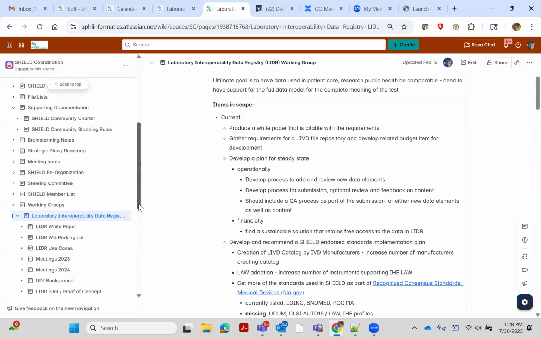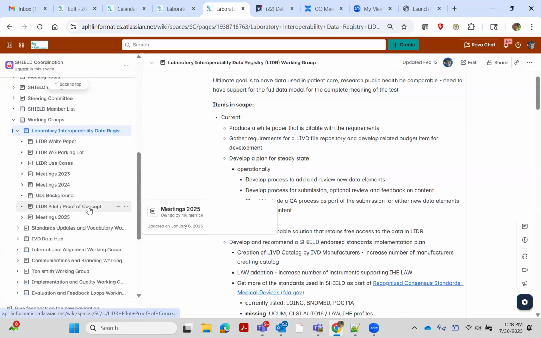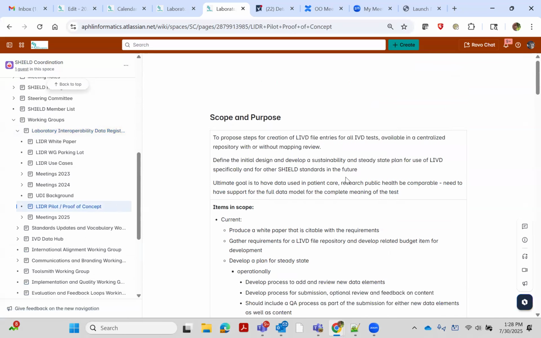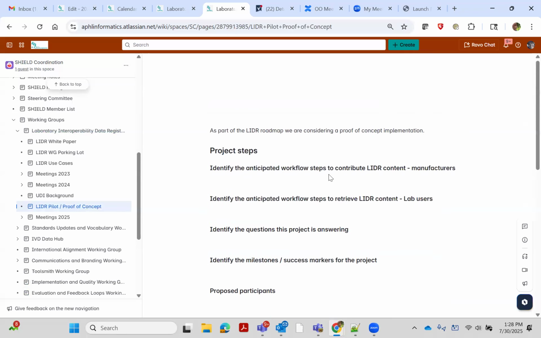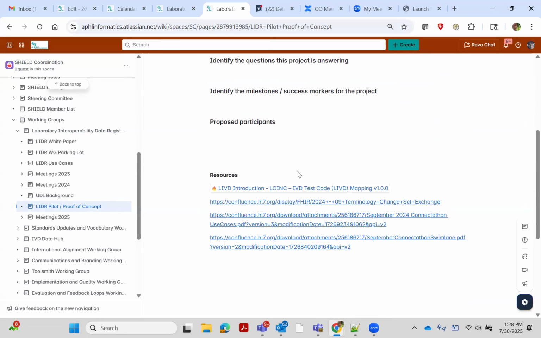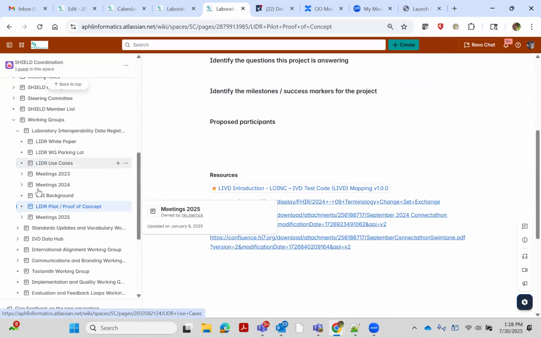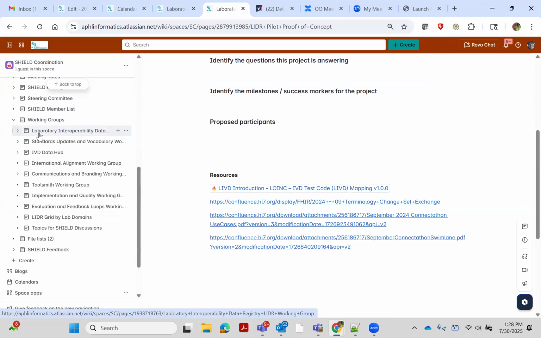And so we're working on a pilot with bioMérieux to build this proof of concept LIDR thing. And then there's meetings all throughout here for that working group.